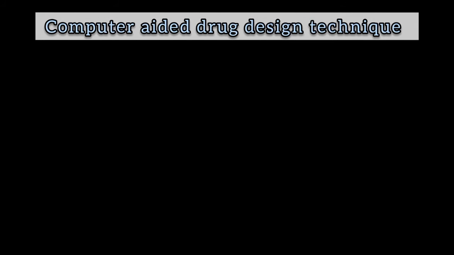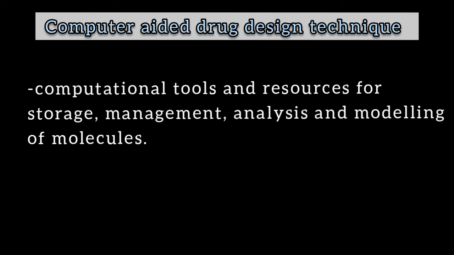And now moving on, we're going to discuss the next technique that has made the drug discovery process easier and also employs the principle of mass screening, which is the computer-aided technique for drug design. This technique is a widely used term that represents computational tools and resources for the storage, management, analysis, and modeling of molecules.